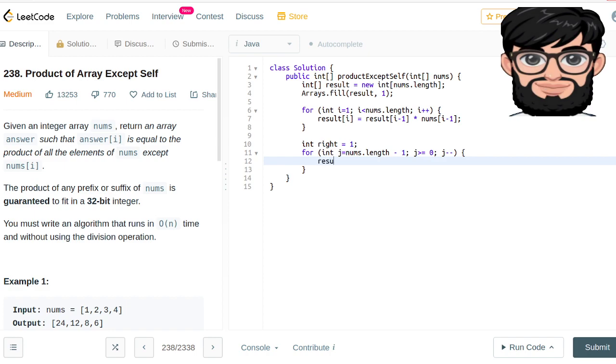Okay, the result of j is going to be equal to right multiplied by the result of j, and then we're going to change the right to that right multiplied by that nums of j.